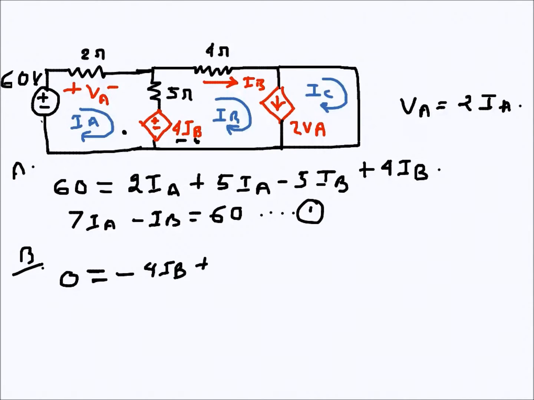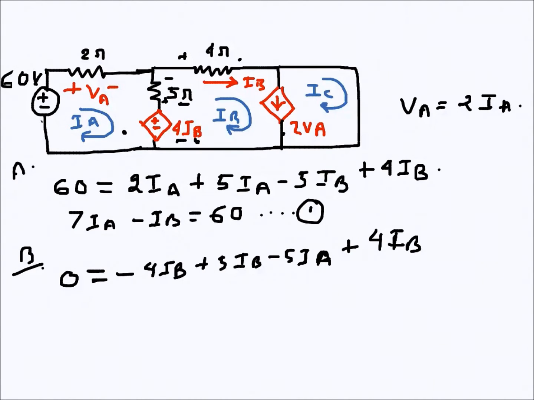Then the drop has to be 5IB and then minus 5IA, because the current in this 5 ohm resistance is IB upwards and IA downwards. So for IA the voltage will be reversed, so it will be a rise here, as we discussed in the analysis of the loop current method. The third one is 4IB, because the drop will be this way, the same resistance.